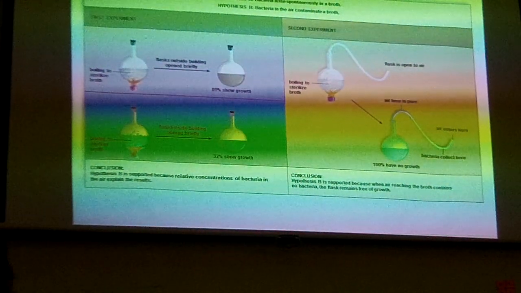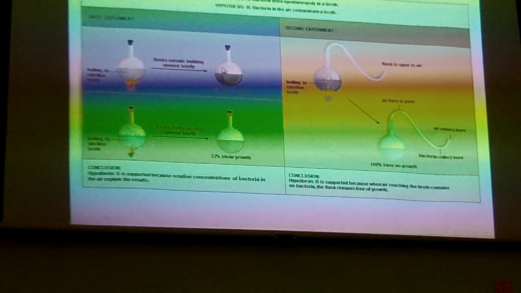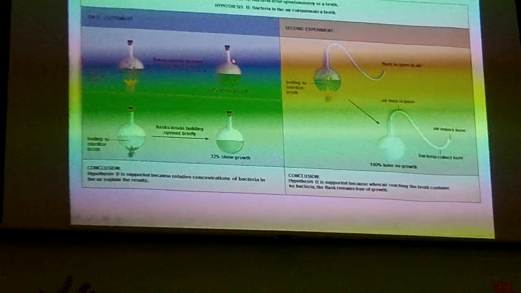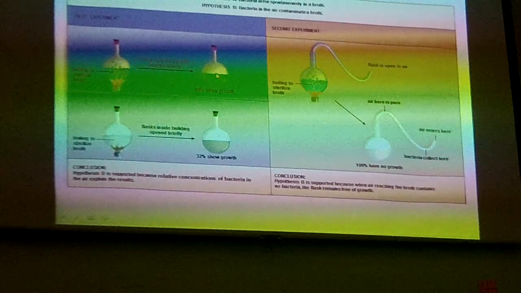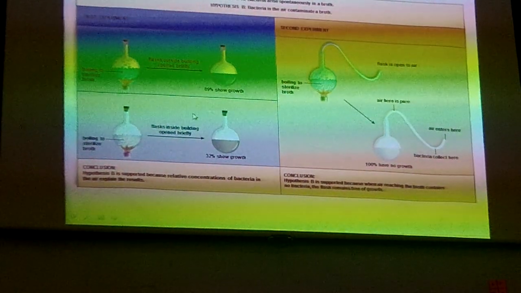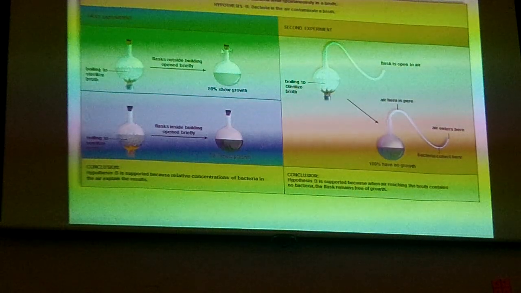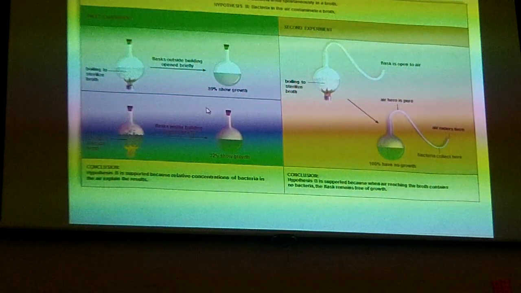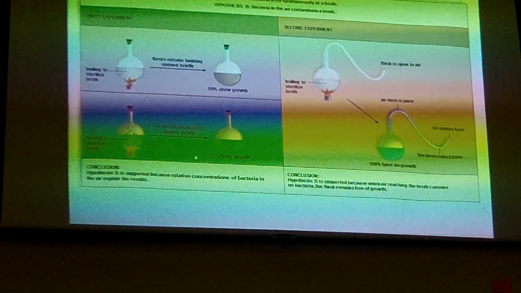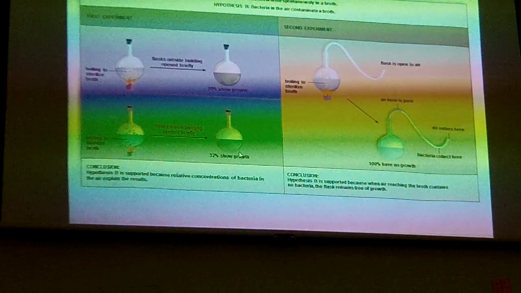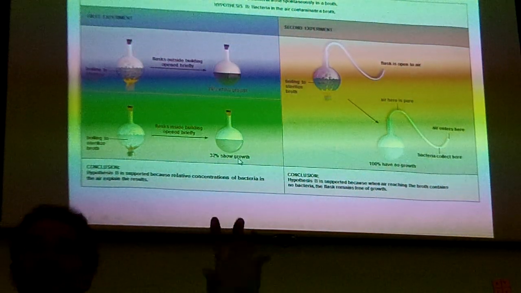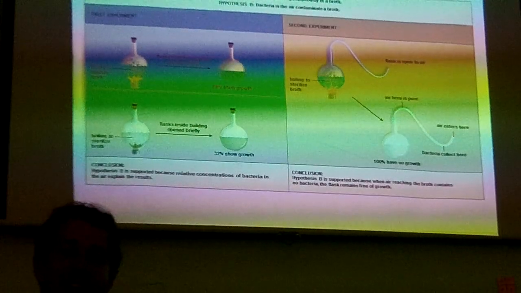He found out that if you go outside and open the cap, 89% of the flasks would spoil. If you opened it inside, only 32% would spoil. So there's more bacteria floating around outside than inside.